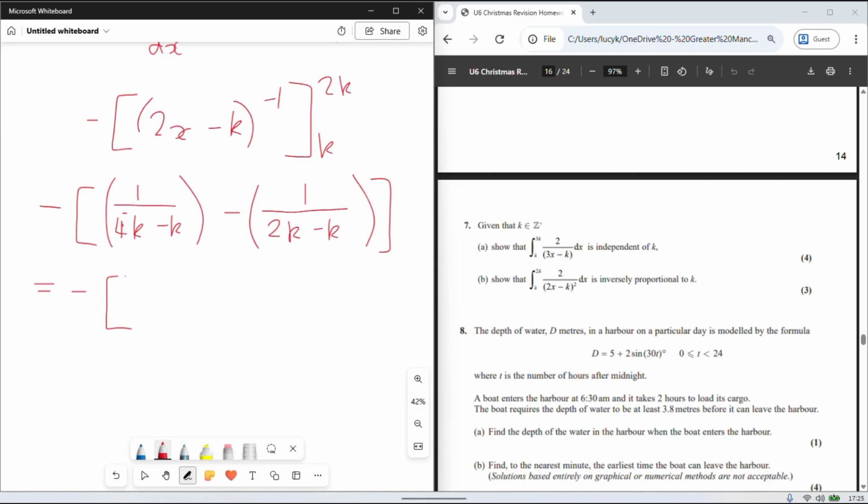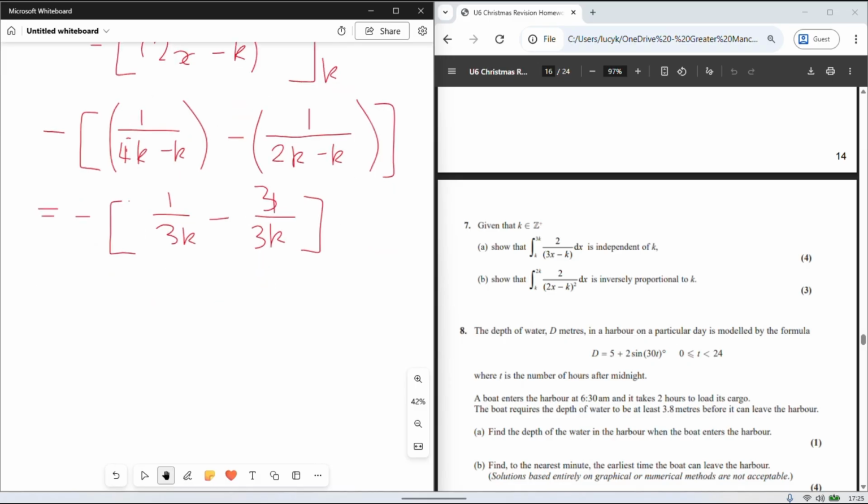That will become 1 over 3k minus 1 over k, like so. And then I'm just going to rewrite that as 3 over 3k, so I can put that all together in terms of one fraction. So that will now become minus 2 over 3k, and then because it's a minus minus, that whole thing will therefore become 2 over 3k.